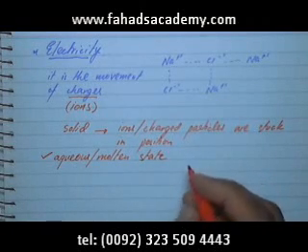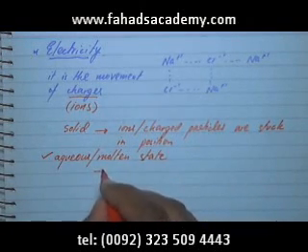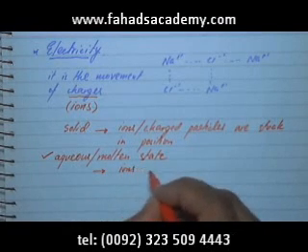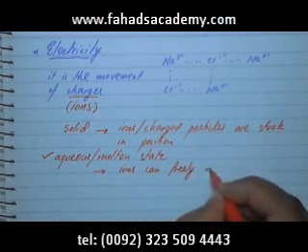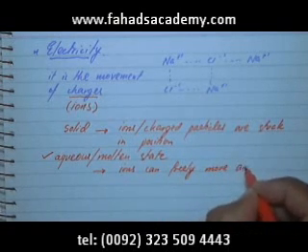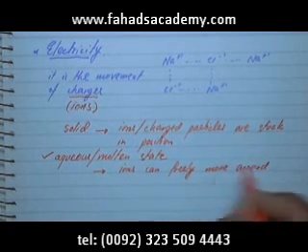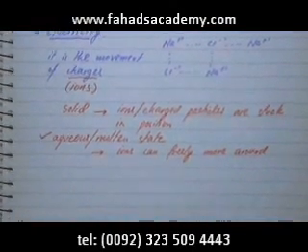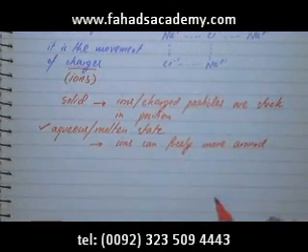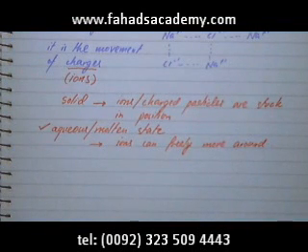now, in aqueous or molten state, they are going to conduct electricity. The reason is that in aqueous or molten state, ions can freely move around. In molten state, in liquid state, your particles are very energetic and they can move around. In aqueous state, as I've described just previously, the ions are surrounded by water and they're free to move around.